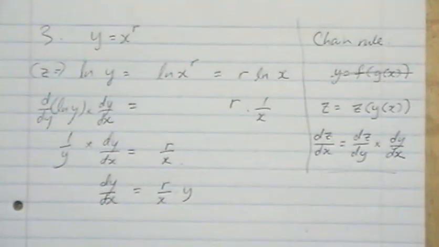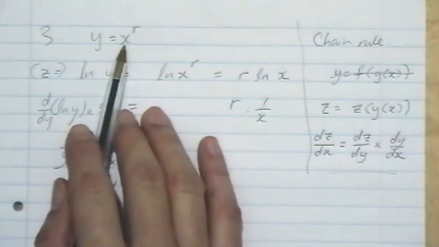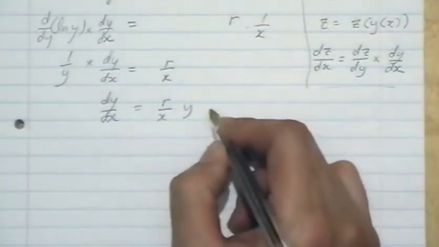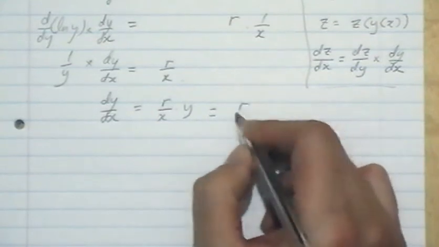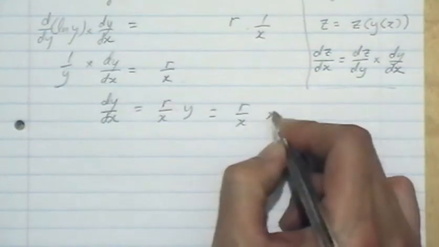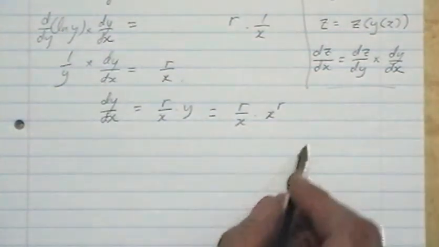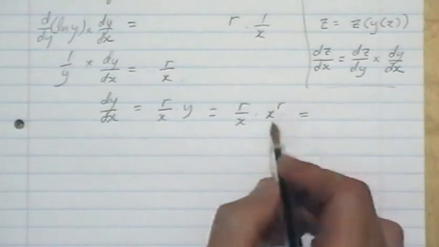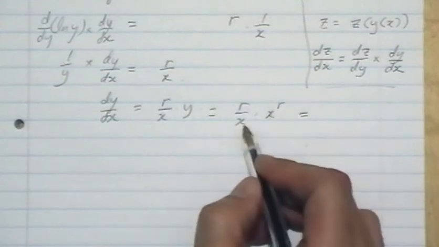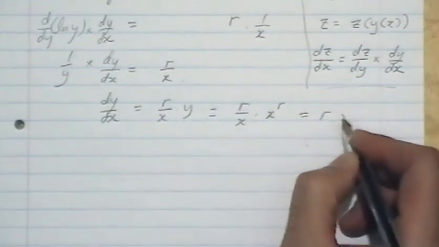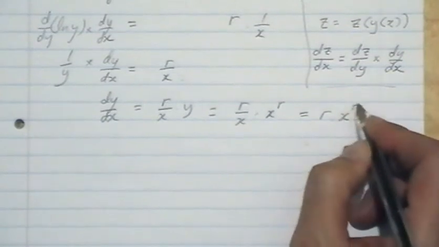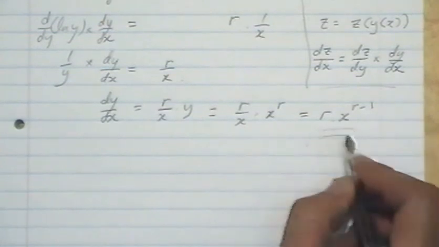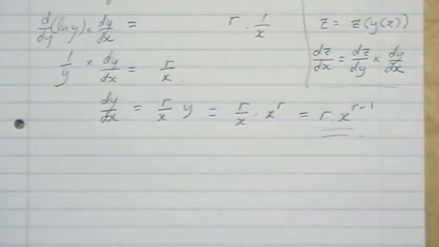Since y is x to the power of r, this would be r over x times x to the power of r. And x to the power of r divided by x is x to the power of r minus 1. And this is what I wanted to prove.